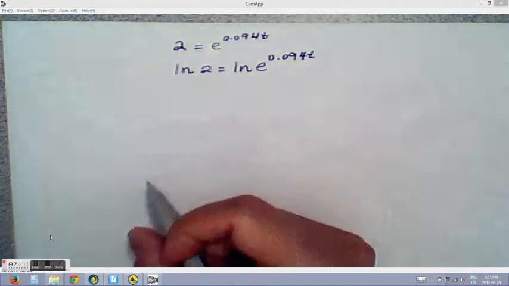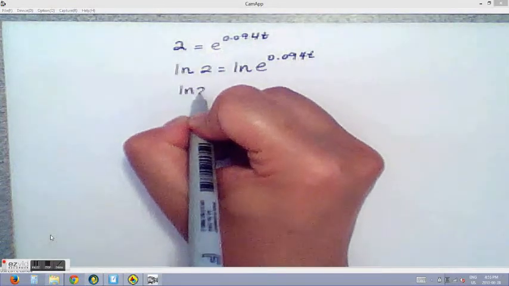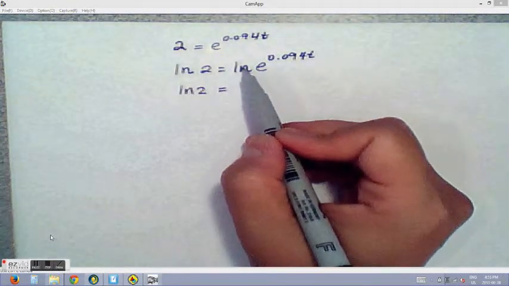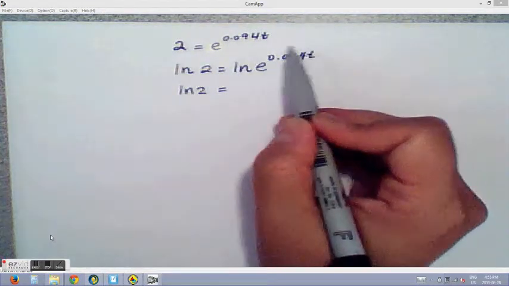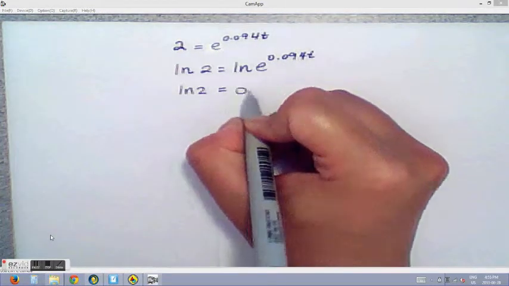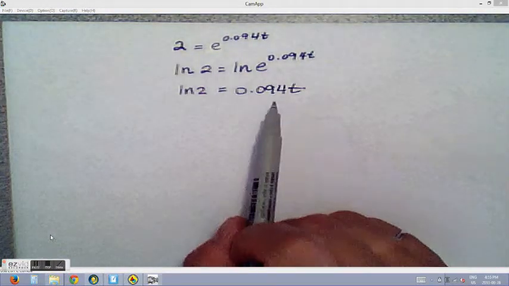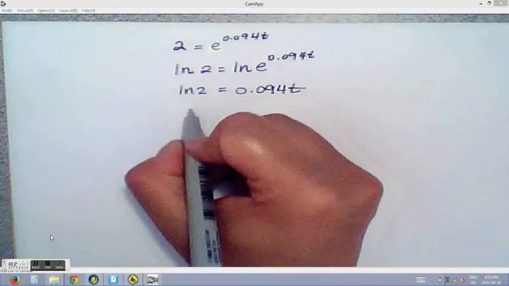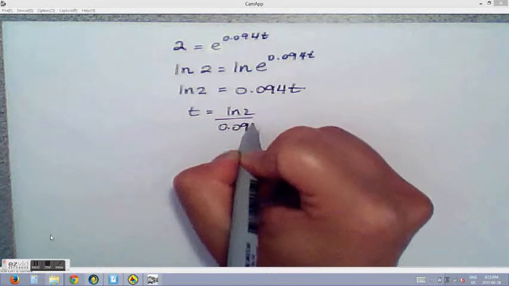And so what that does is give us ln 2. So this cancels each other out, and it just leaves behind the exponent 0.094 t. And then you're just going to isolate for t, which is ln 2 divided by 0.094.